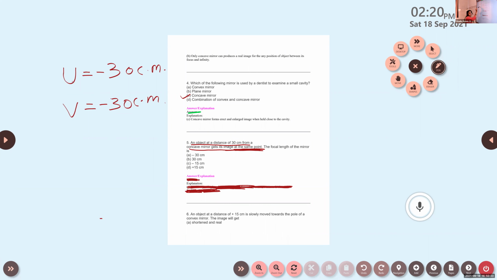So at the same point means it is also minus 30 centimeter. The object is placed on the left side of the mirror. At the same point, we get the image. So V is equal to minus 30 centimeter. Then what is the focal length of the mirror? It is given by 1 by F is equal to 1 by V plus 1 by U. This is the equation for calculating the focal length. Substitute the values.